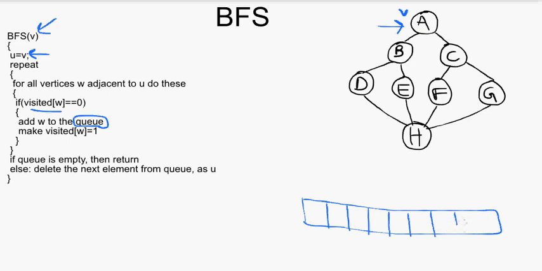I'll mark this from 1 2 3 4 5 6 7 and 8. You can mark it from 0 as well; that's simply your choice.